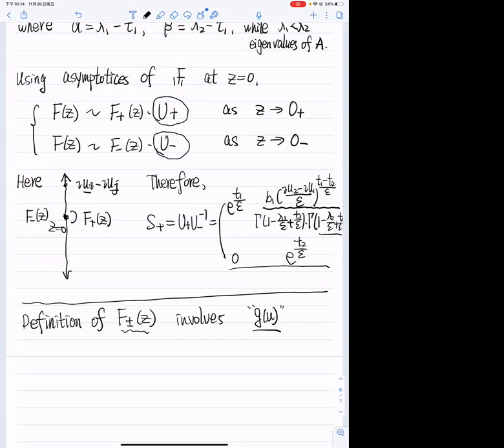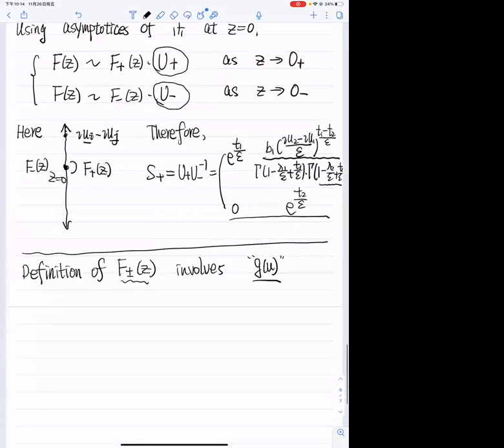Therefore, I start from one solution, then compute its asymptotics at the same critical point, and then determine F plus, F minus, or the Stokes matrix. Okay, right.